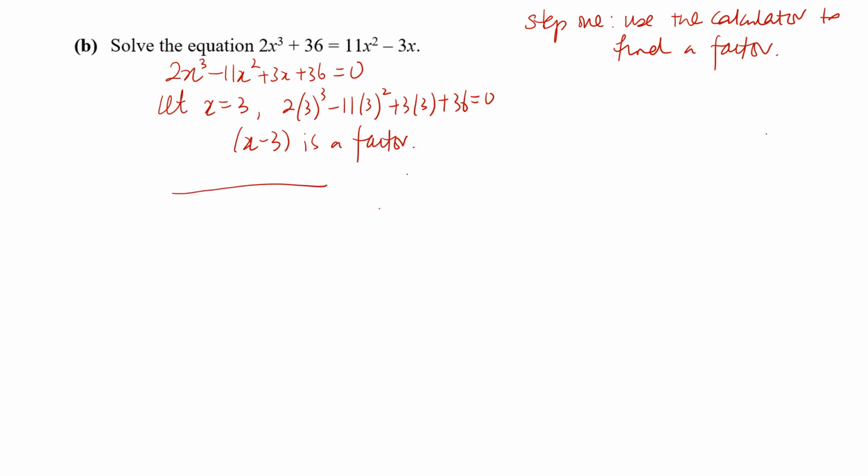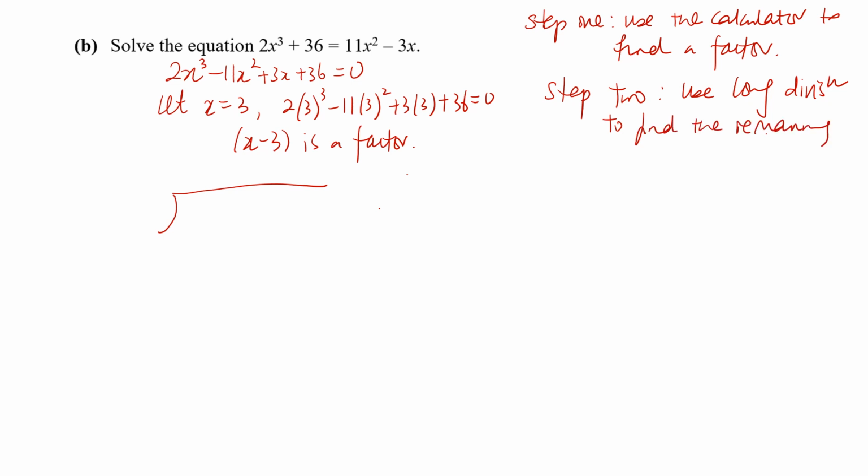So that is where you use your long division. So step 1 is use a calculator to find a factor. Step 2 is use long division to find the remaining factors. Right, so 2x cubed minus 11x squared plus 3x plus 36 divided by x minus 3.